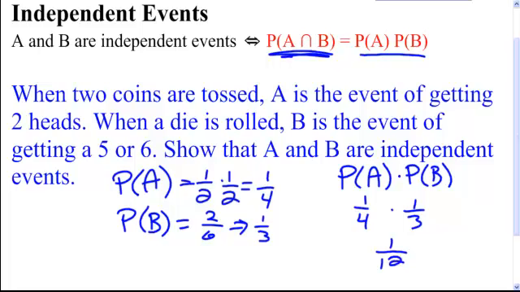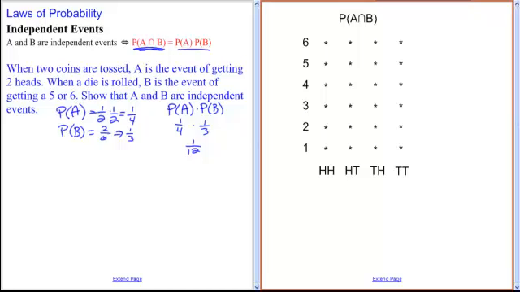Now I already have this as a visual for you for the intersection. So these are all the events that can occur: heads, heads, heads, tails, tails, heads, and tails, tails. And on my dice I can have a 1, 2, 3, 4, 5, and 6. So I want 2 heads, and I want it to be a 5 or a 6.